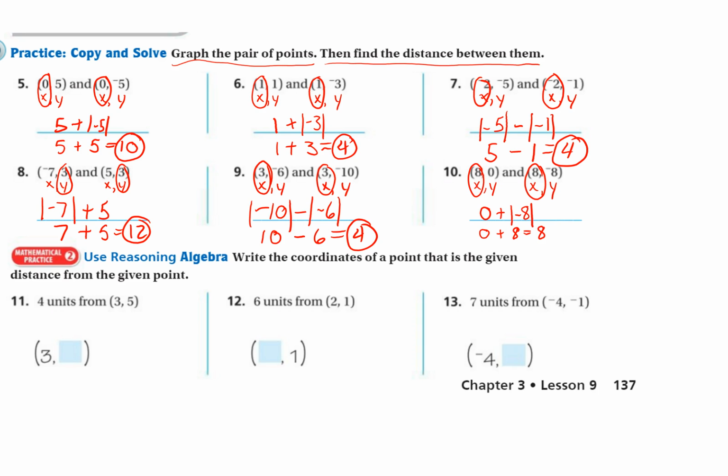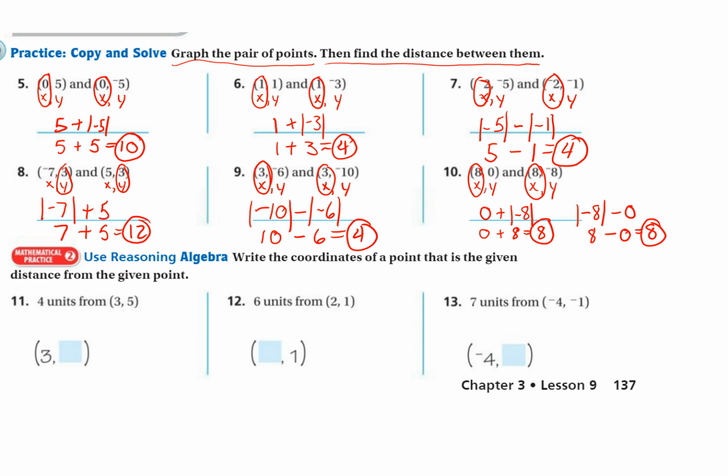If we subtracted, we would put the bigger number first, absolute value of negative 8 minus 0, absolute value of negative 8 is 8 minus 0, and we get 8. So you can see either way, we still get the same answer. Okay, and that's because that 0 is neither negative or positive.